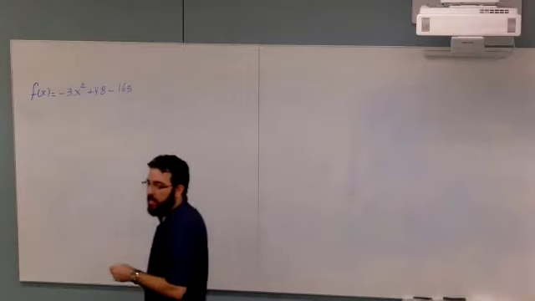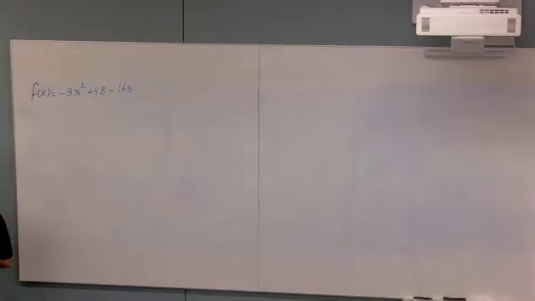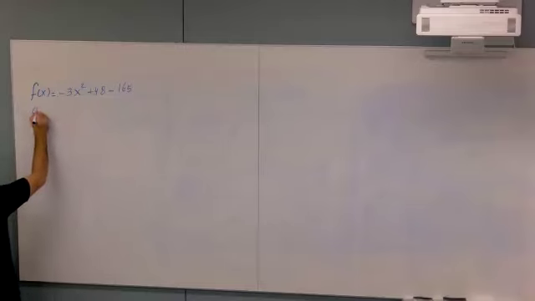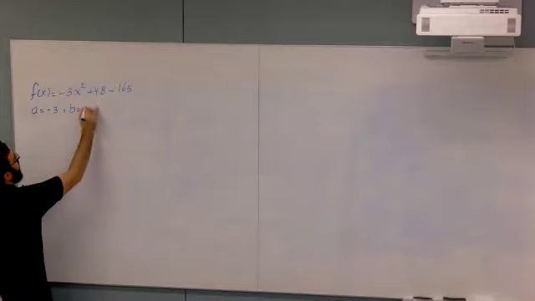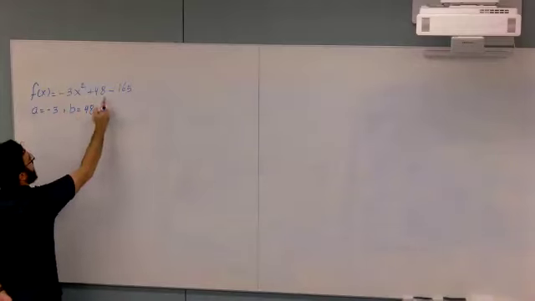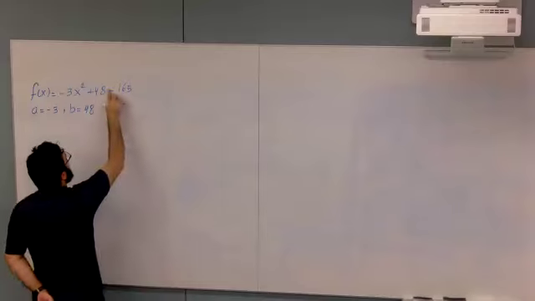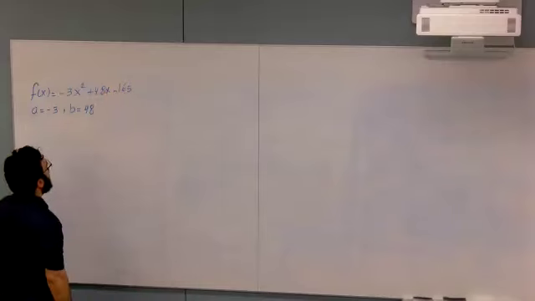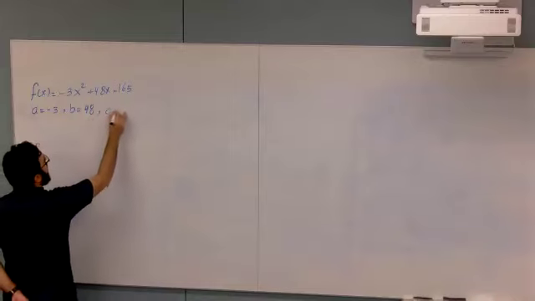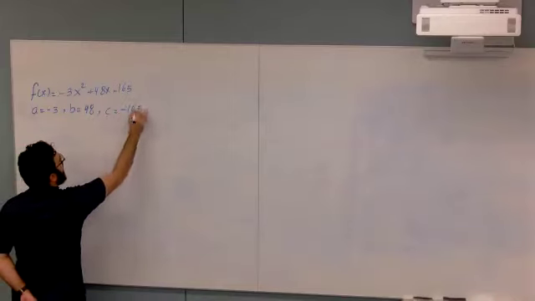We have to define the vertex formula, so we need to find h and k. Now let's locate the value of a. b is 48, and the value of c is negative 1.